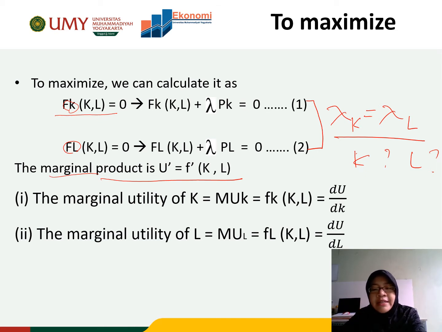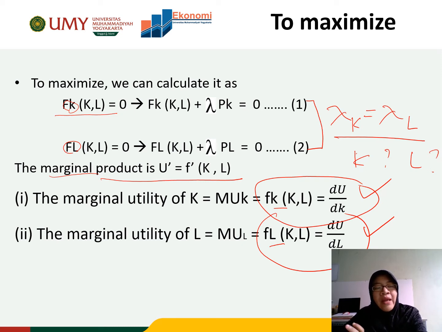You have to differentiate the production function with respect to K and also L. Here is the K, this one is the L. The marginal product is the additional output from capital and labor: how much an additional K and L impacts the optimum production function.